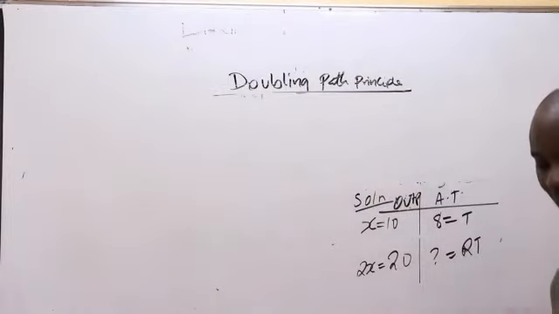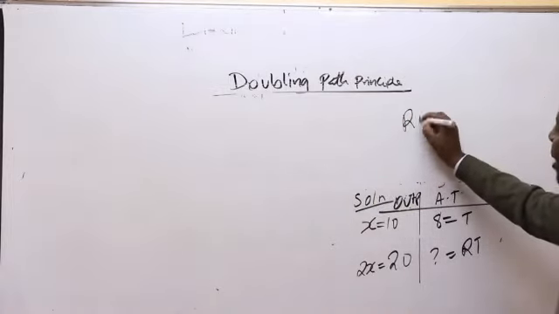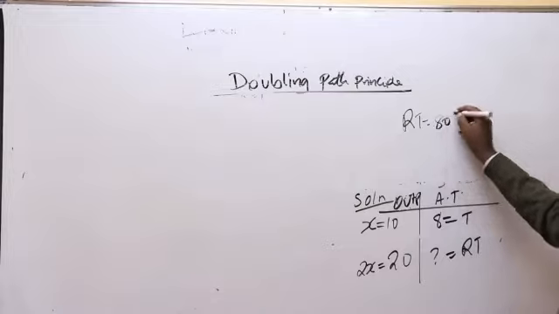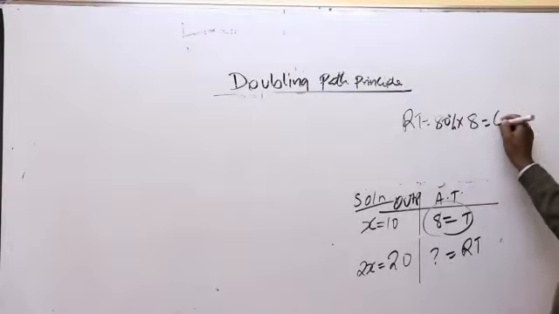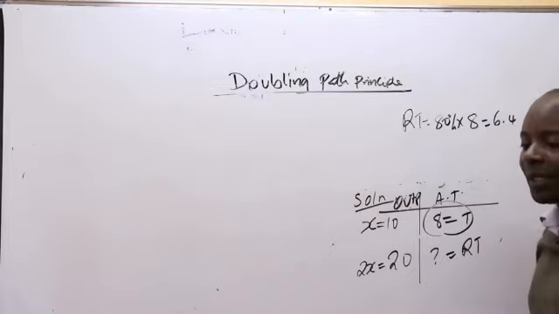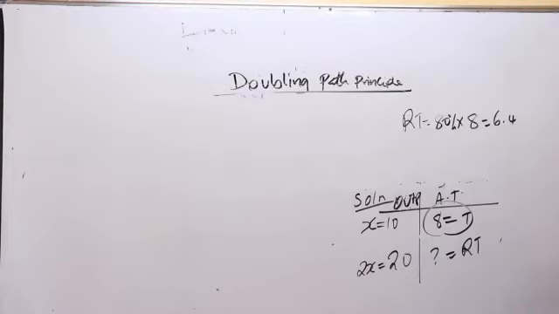Our R is 80%, T is 8, which will give us 6.4. I don't know how they were getting that 3.811, because many of them were getting 3.811. It's supposed to be 6.4.